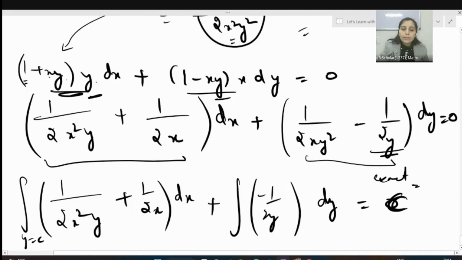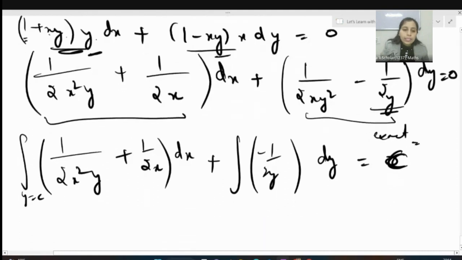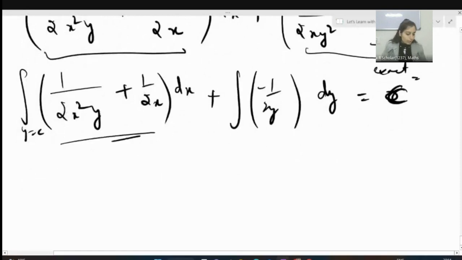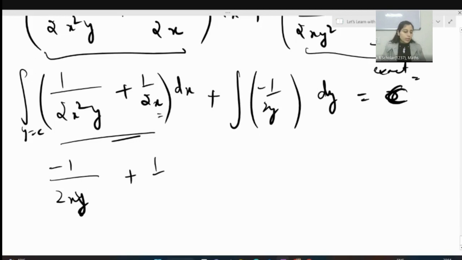So from here, now we can just integrate it with respect to x. When we integrate this with respect to x, we get minus 2 plus 1, that is minus 1. So minus 1 upon 2xy plus, with respect to x, 1 by 2 log x minus 1 by 2 log y is equal to c.